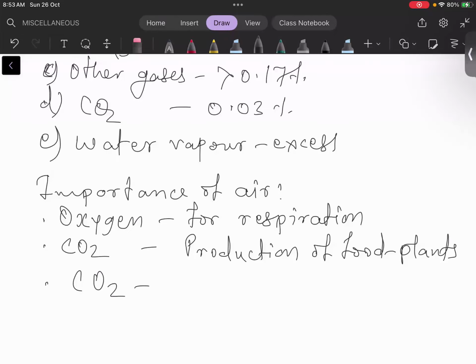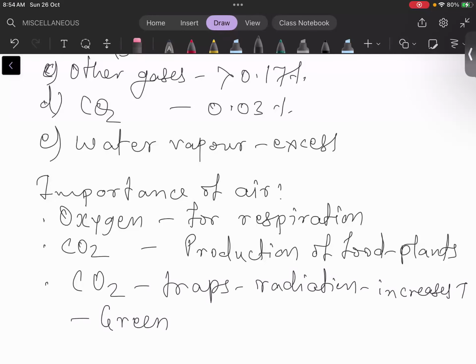Now, carbon dioxide in a greenhouse traps radiation and increases the temperature of the greenhouse, and that is called the greenhouse effect.